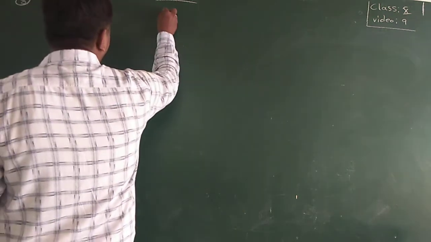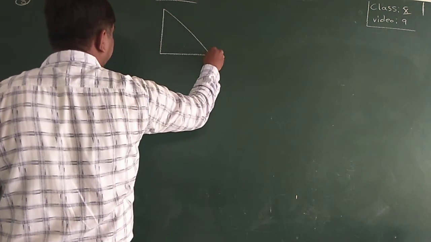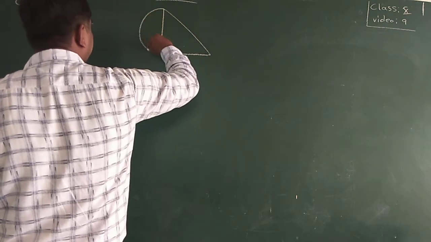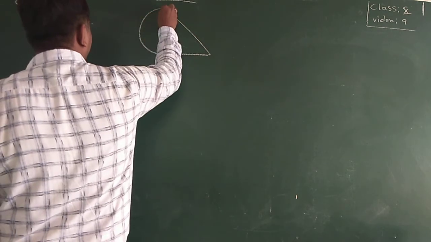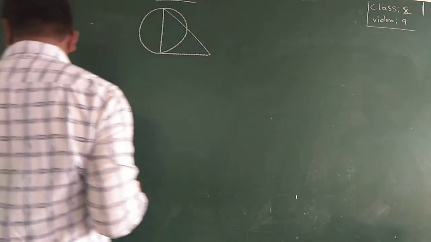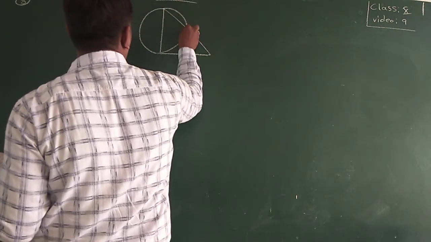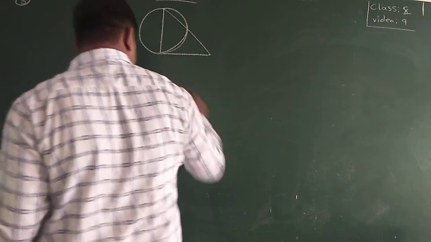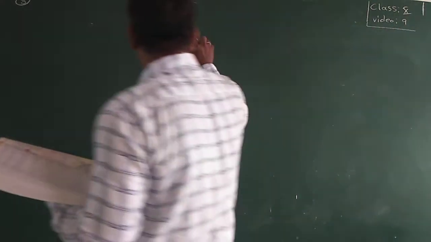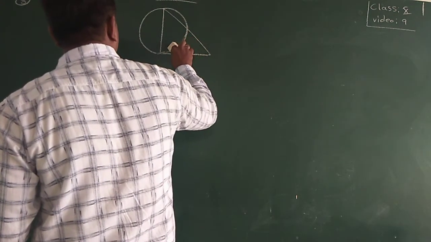See here, this is a right angle triangle. AB is a diameter to the circle.